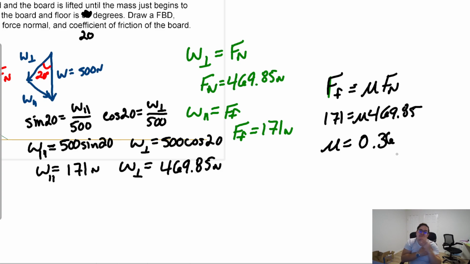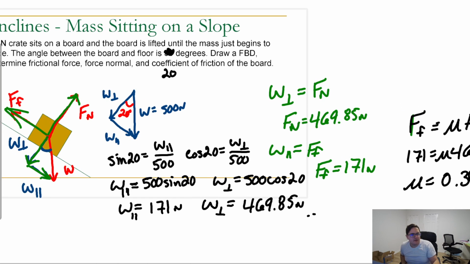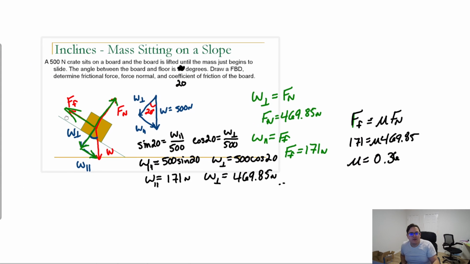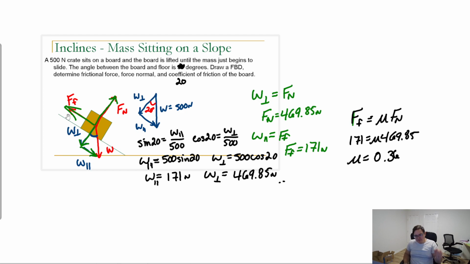What does this mean? Well, that means the coefficient of friction is that number. But why is it that number, and why were we able to say some of those things? We were setting a mass on a board, and we were lifting it until it just begins to slide.